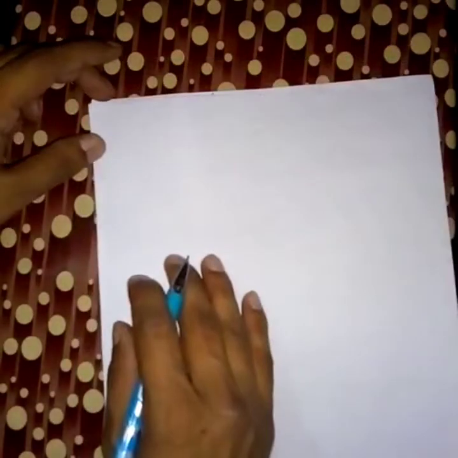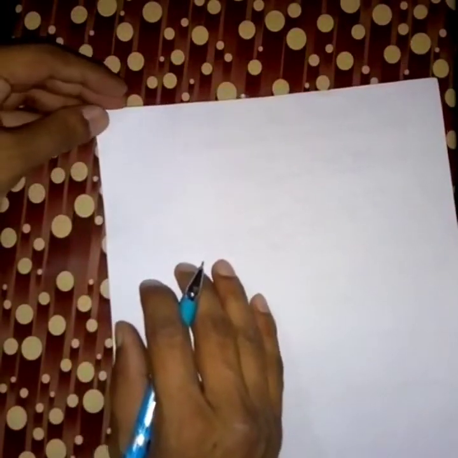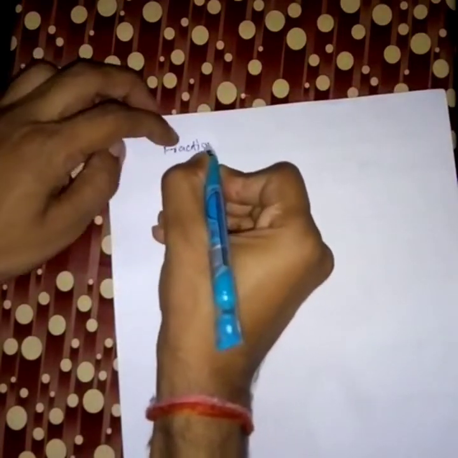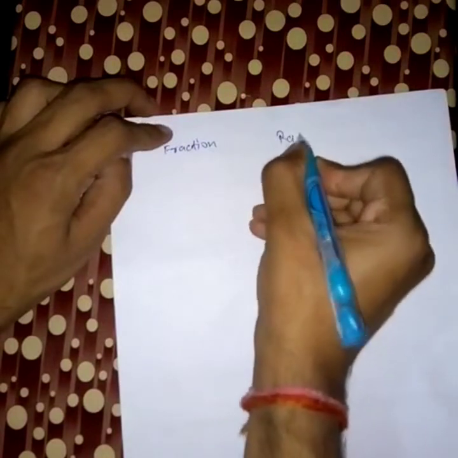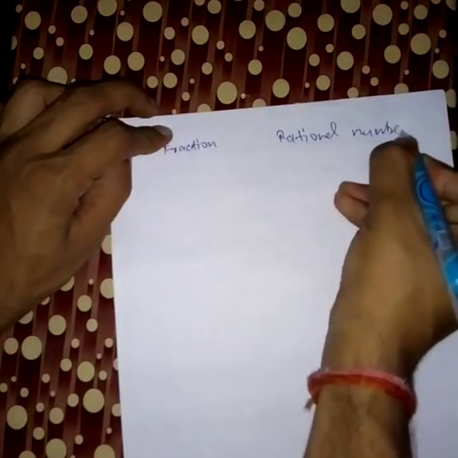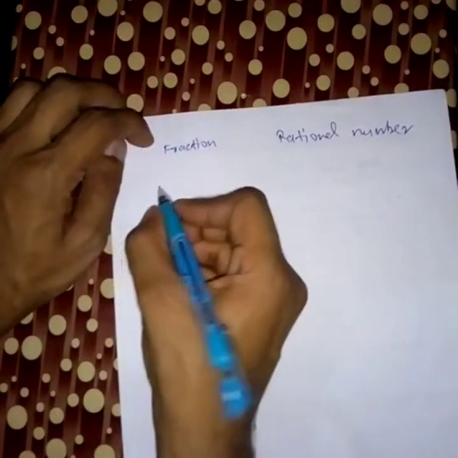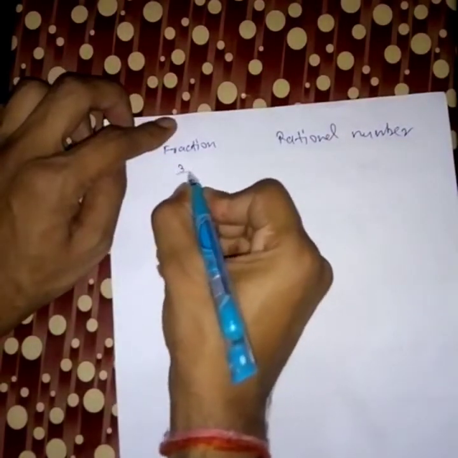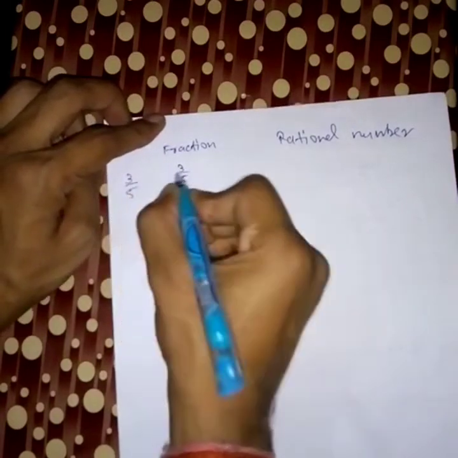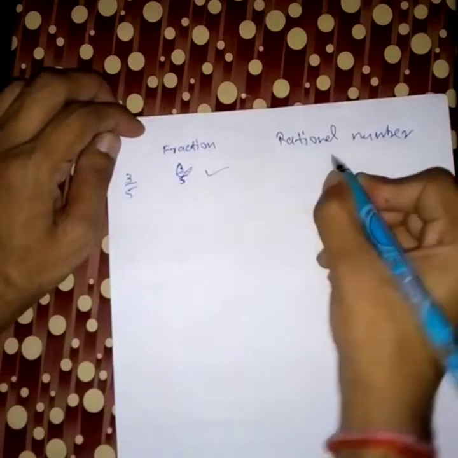Let's see some relation between fraction and rational number. Okay, let's take some examples here. 3 upon 5 is a fraction. 3 upon 5, it is a fraction. Yes, it is a rational number.